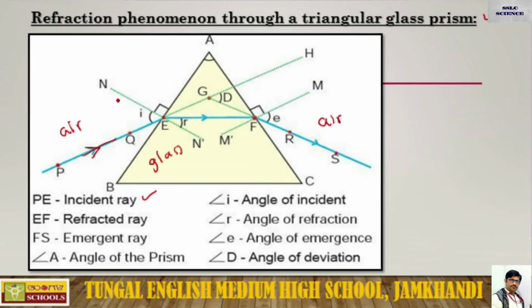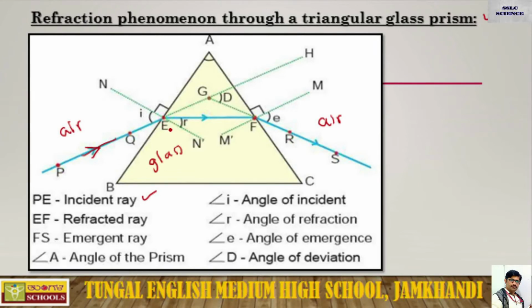When the light ray enters from air to glass, it bends towards the normal, like this. This will be the angle of incidence, the angle between N, E, P, that is i.